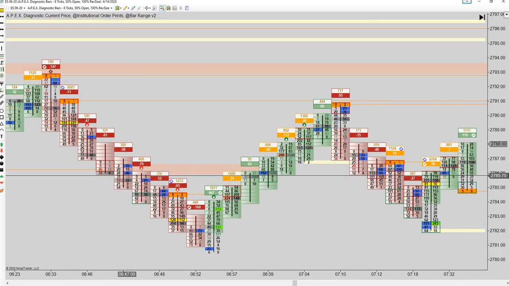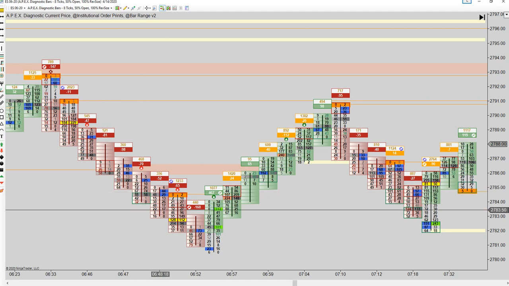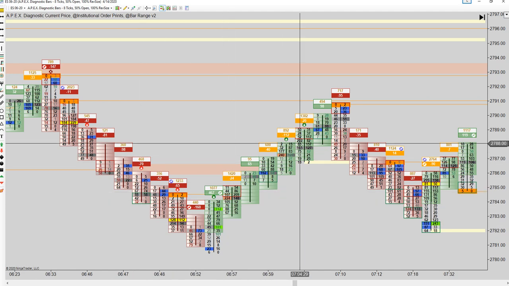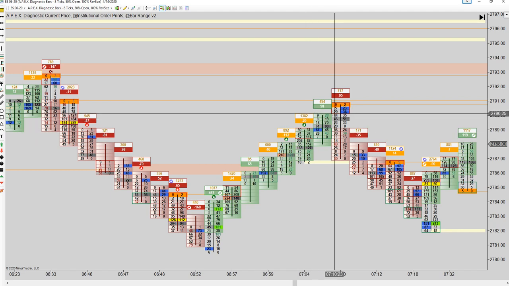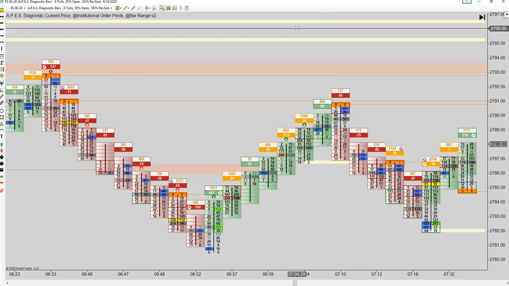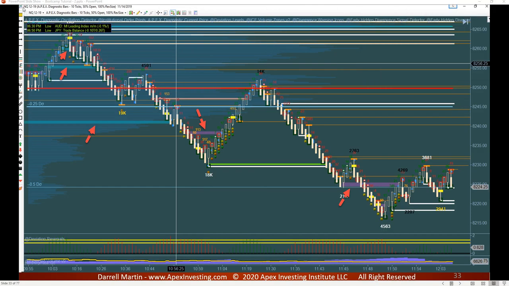All these numbers inside of the bars, the number of orders that were sold, the number of orders that were bought, and then our algorithms go in and interpret that to be like there was exhaustion there, there was absorption in orders there, there was a big drop off or rejection in orders there. Does that make sense? So you get to see this magnifying glass behind the scenes of, hey, there's important levels going on in the background.